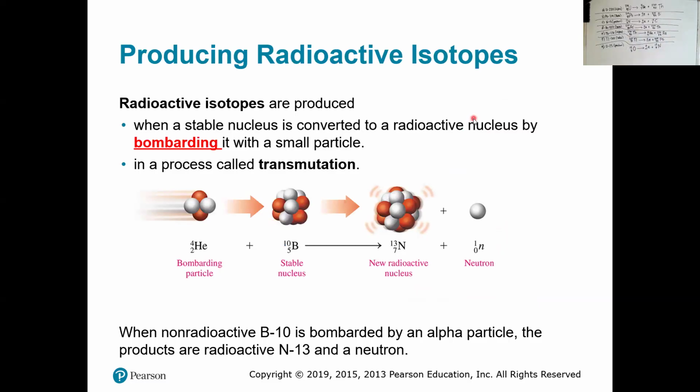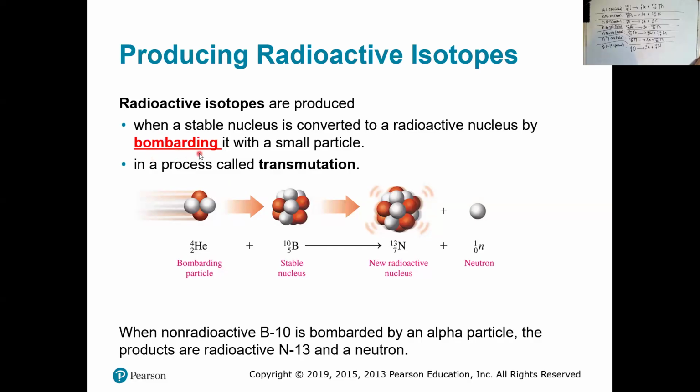Another part of radioactivity and nuclear chemistry that we can look at is how we can create radioactive isotopes. Natural radioactive decay is not the only way to end up with a radioactive isotope. You can actually produce radioactive isotopes through a process called bombardment.